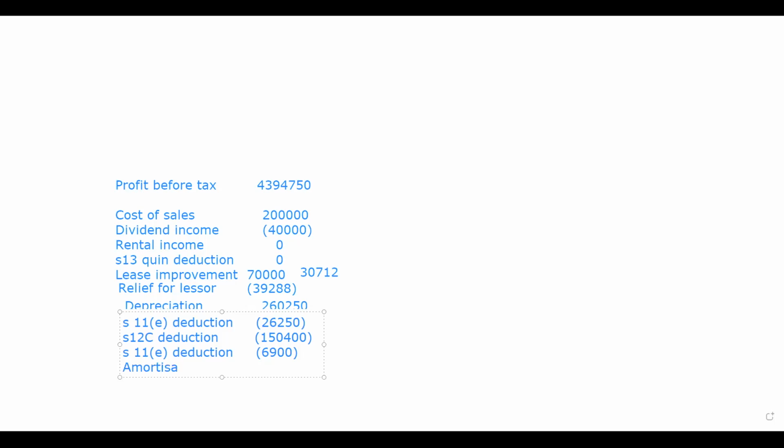So restraint of trade amortization is plus 25,000, because we are doing tax, so accounting rules don't apply. We go to the restraint of trade.